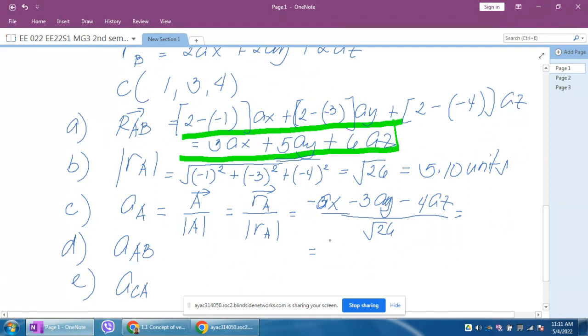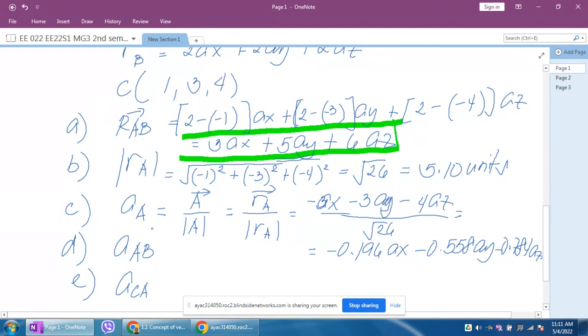So, I will get here negative 0.196 AX minus, please verify kung tama po itong nilalagay ko, 0.558 AY and then 0.784 AZ. So, ito na po yung ating AA.